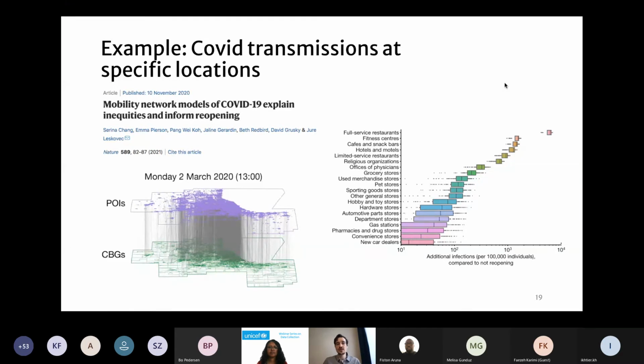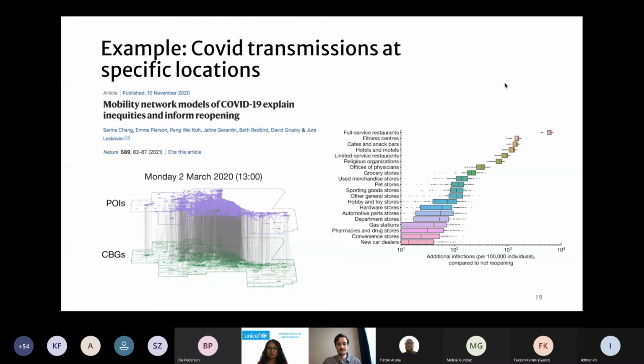And this is what they did in this study, for example, for, I don't even know, I think it's the Boston area. A lot of this research is done on Boston because there are good partnerships established there. And then you can answer questions such as this, questions that pertain to mobility of individuals in specific locations.